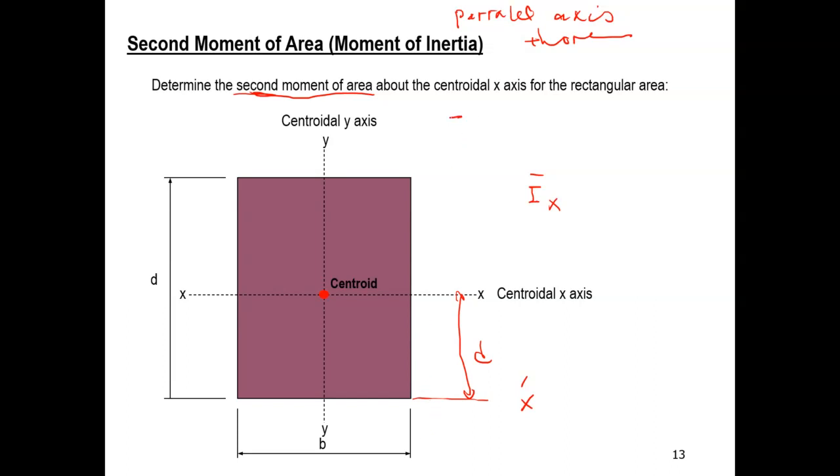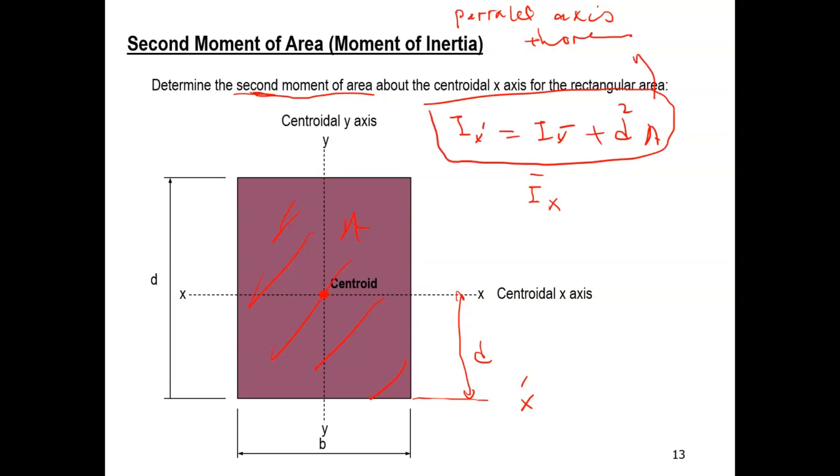So generally speaking, I x prime is equal to I x bar plus a penalty term. The penalty term is the distance between the two parallel axes squared multiplied by the area. So the area is that area. All right. So this is called the parallel axis theorem.